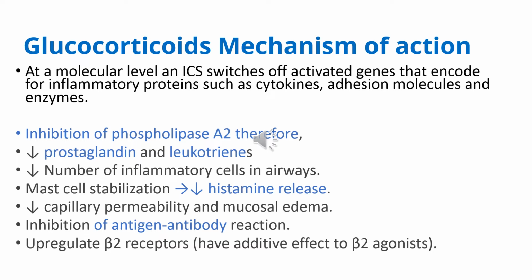Inhibition of phospholipase A2, therefore decreased prostaglandins and leukotrienes, decreased number of inflammatory cells in airways, mast cell stabilization and decreased histamine release, decreased capillary permeability and mucosal edema, inhibition of antigen-antibody reaction, upregulate beta-2 receptors, have additive effects to beta-2 agonists.